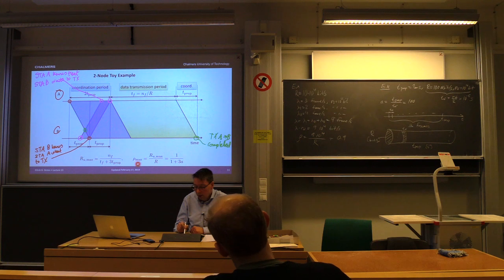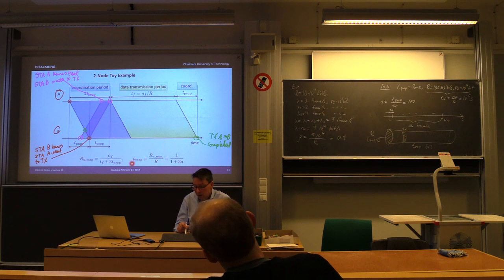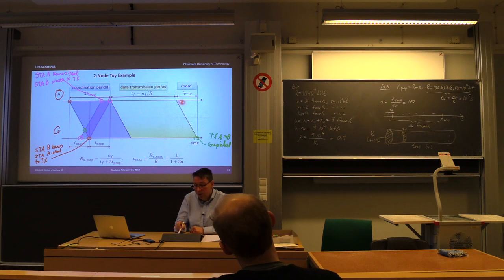Okay, and rho max, the maximum we could do, is that if we repeat this over and over again, then we use the medium with R_U max always, and divide that by R, and we see it's 1 over 1 plus 3A, where again this is the loss due to the coordination.